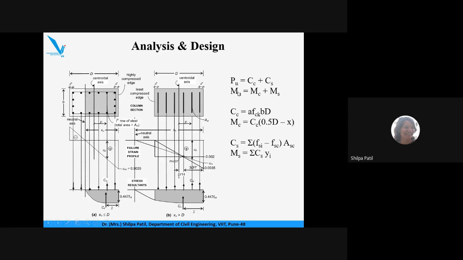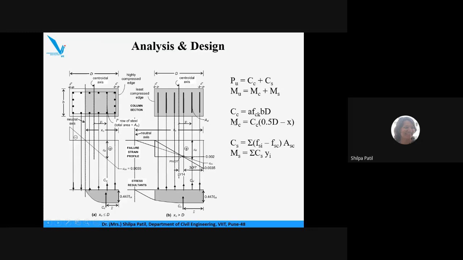Similarly, if there is a moment acting, then this moment will be resisted by the moment resisted by the concrete and the moment resisted by the steel. Again, for equilibrium, the external moment should be equal to the internal moment developed due to these internal forces, written as Mc and Ms for concrete and steel respectively.